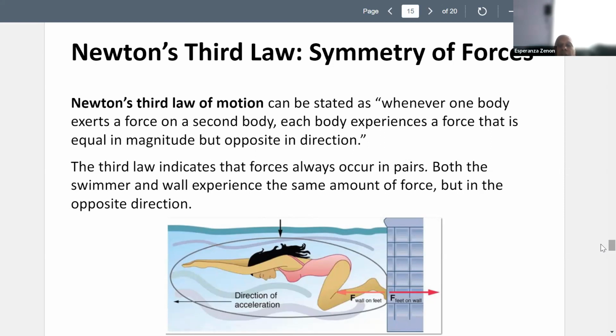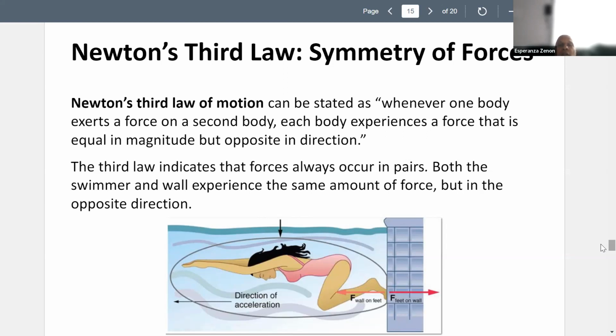So let me break that down. Okay. For every action, there's an equal but opposite reaction. For every action force, there's an equal but opposite reaction force, meaning they're equal in size, but they point in opposite directions.